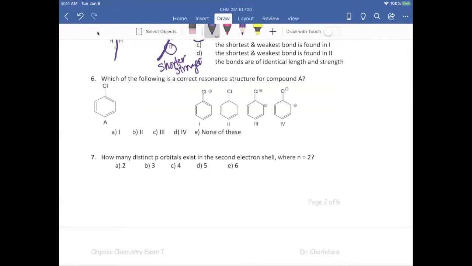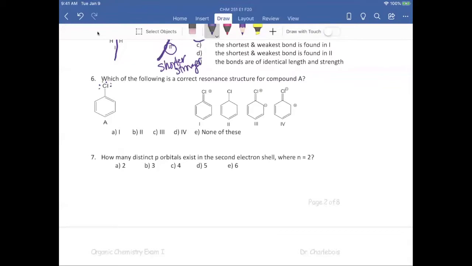Number 6, which of the following is the correct resonance structure for A? The first thing I do in solving these problems is I put my electrons in. So my chlorine has all those electrons. By definition, we cannot kick up into that chlorine because right now chlorine has an octet and it does not have the capability of an extended octet.